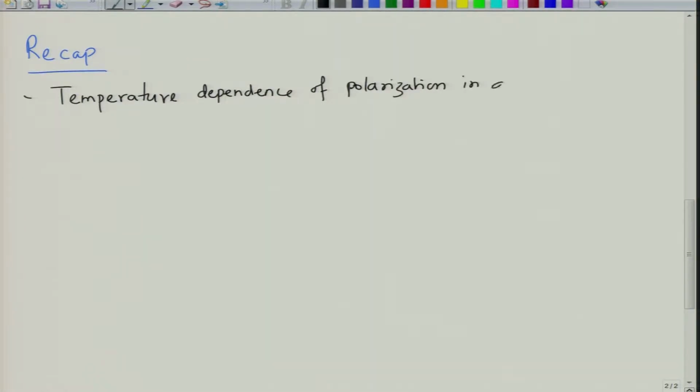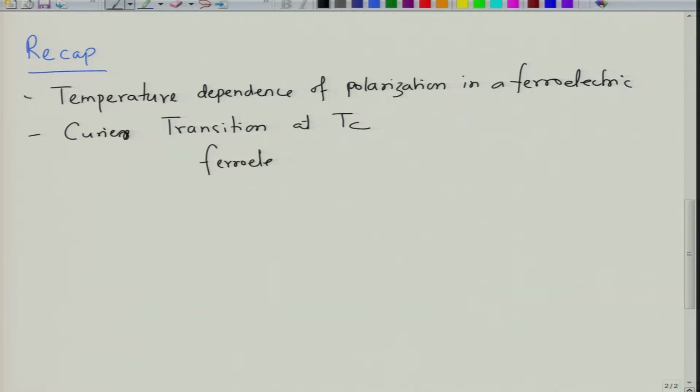In a ferroelectric material, we saw that ferroelectric materials undergo what we call the Curie transition at the temperature Tc, which is called the Curie temperature, and at this temperature when you heat, the material transforms from ferroelectric to paraelectric.